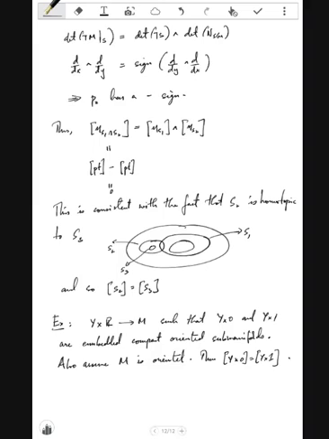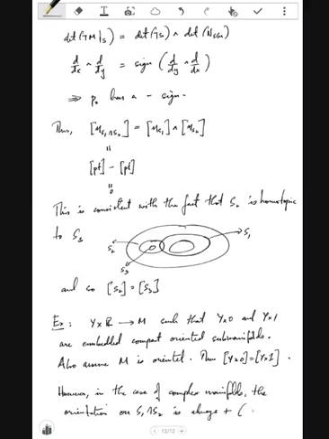However, in the case of complex manifolds, the orientation on points on S1 intersection S2 is always positive.